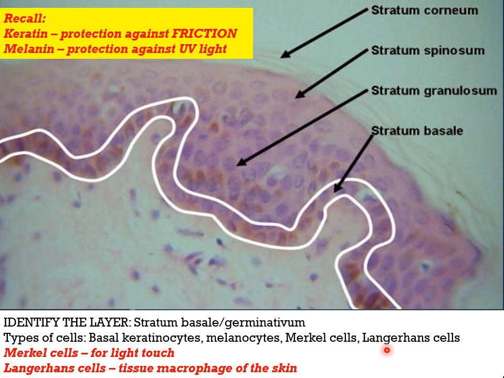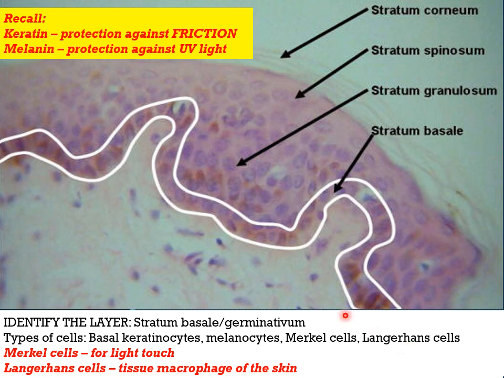Next naman, your Langerhans cells. Langerhans cells serve as your tissue macrophage of the skin. So, ayan na naman, magpapamemorize ulit ako ng macrophage. So, recall nga natin kung ano ang macrophage of your brain. Brain is microglia. Your bone is osteoclast.